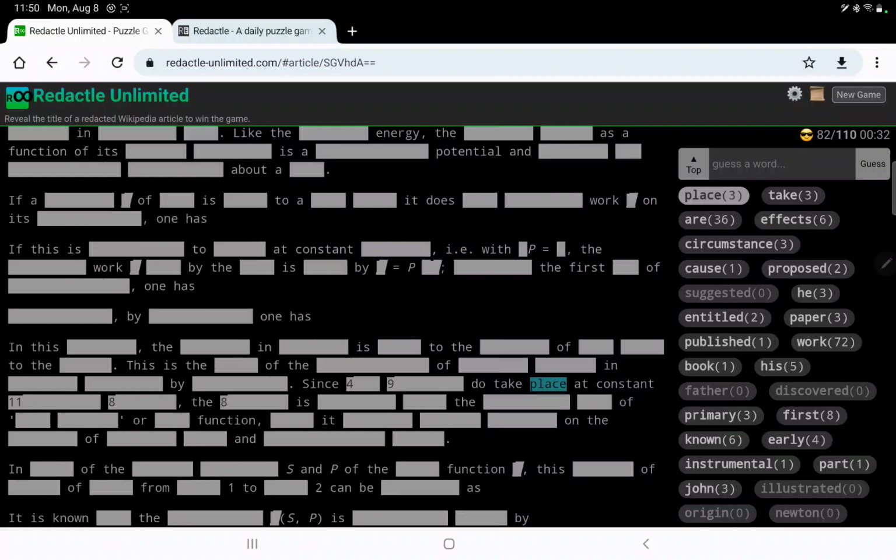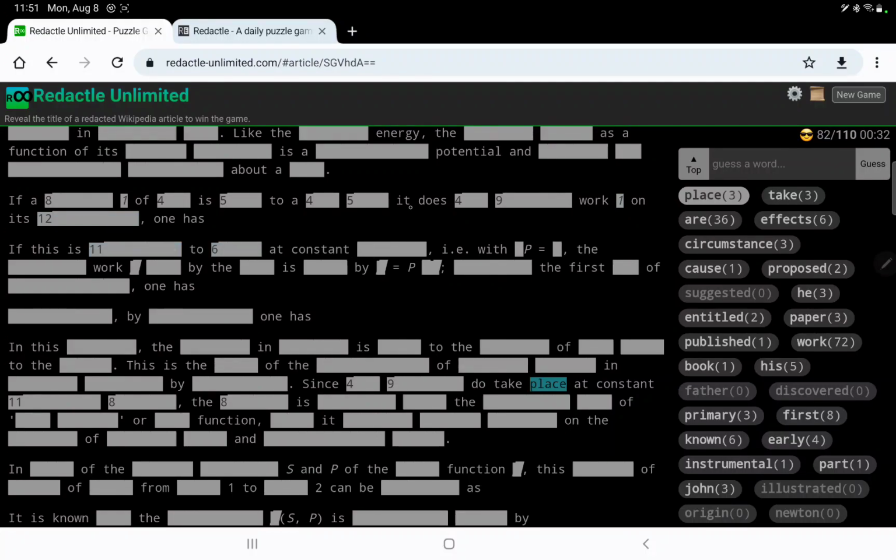Here looks like there's some diagrams that are missing. If a 8/1 of 4 is 5 to a 4/5, it does 4/9 work something on its something one has.